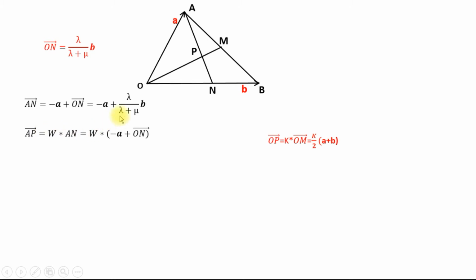So if I have a quantity AN, then for the same reason that I worked out OP, I say that AP will be some fraction of AN, and the fraction I call here W. So AP will be W times AN, and I substitute AN from this expression above, which is minus A plus ON, and for ON I also substitute from up here in red.